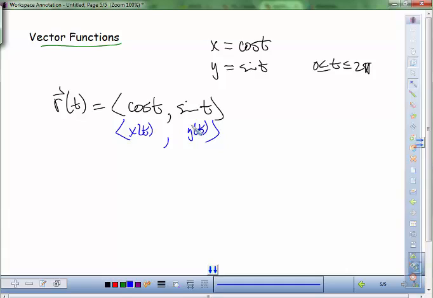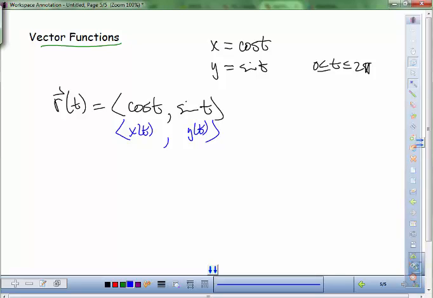So we can dig out all the functions that we learned from pre-calculus and just put them into these different slots, and then now we have a vector function. ln, e to the t, any polynomial, and trig functions, put them into these slots, and then we have a vector function. Okay?